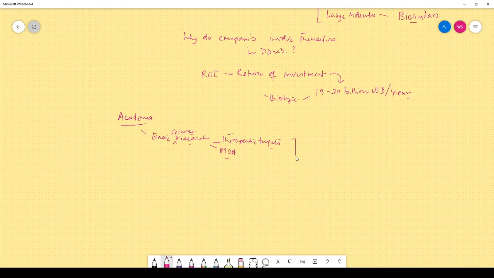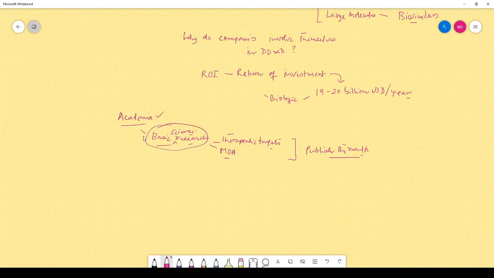Okay, and then you publish those. The results are published, and the companies which are embarking upon drug discovery will be reading your results, and if you hold the patent in academia, then you become a part of the economic process. So basic science research is usually contributed by academia.